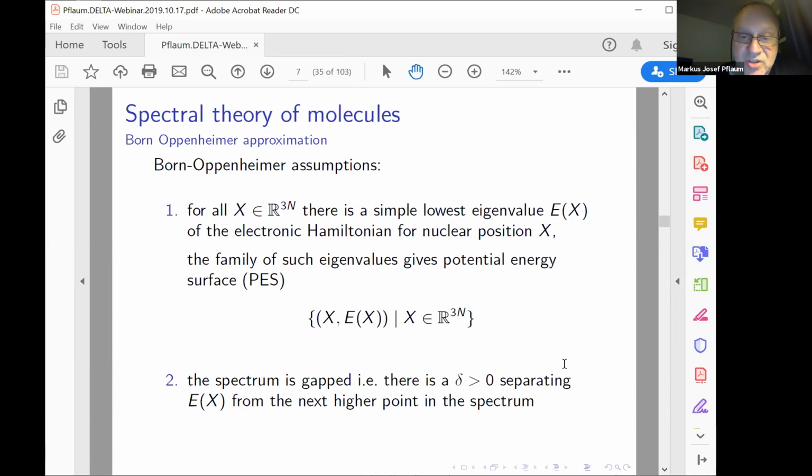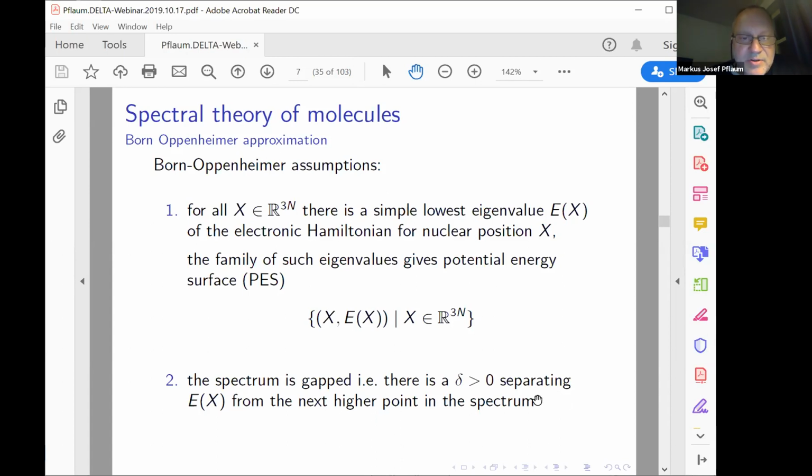This is an assumption, and I will make a comment about it later, since it is not always fulfilled. But for what we are doing, it is a crucial assumption. Maybe at some point in our Delta project, we come into cases where this is not fulfilled anymore, and actually topological effects appear exactly then.